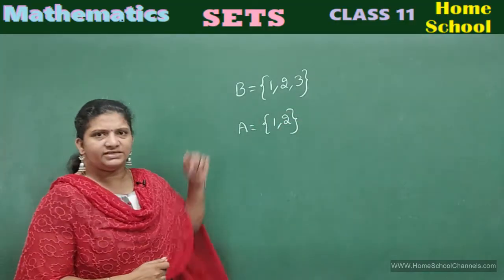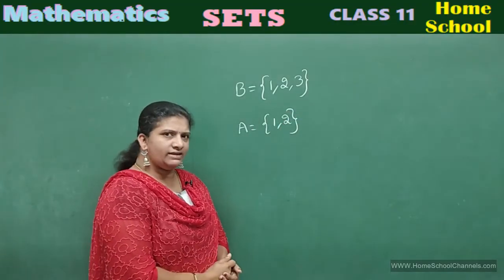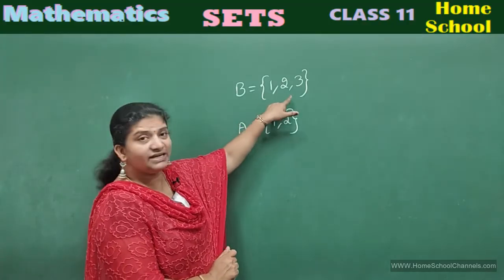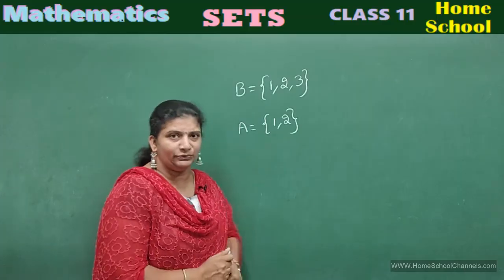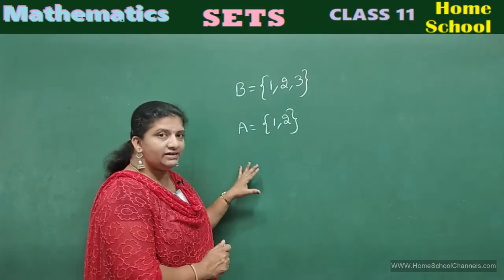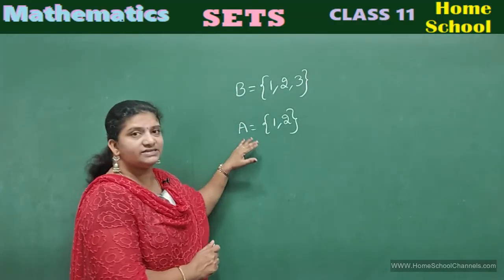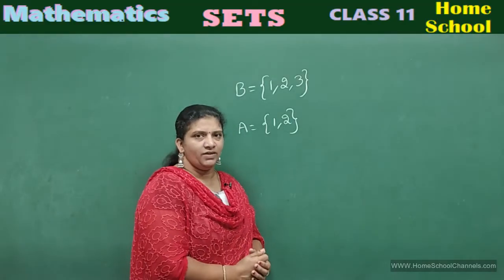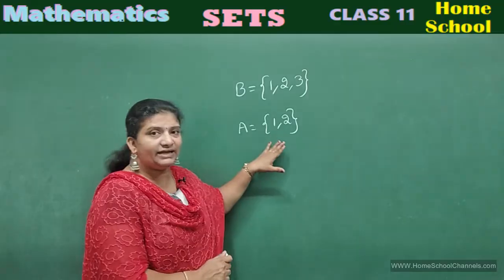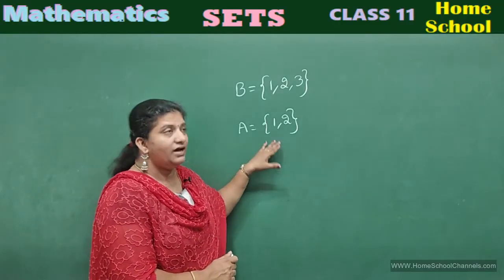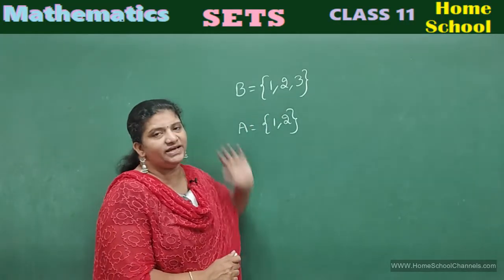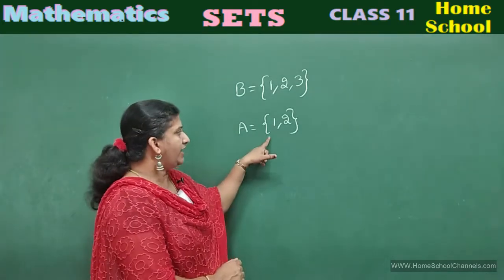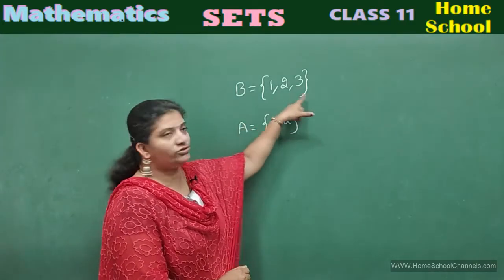First compare these two sets. What can you say? 1, 2. In set B also you can see 1, 2. Right? I say that A is a subset of B. Subset means all the elements contained in this set are also contained in set B. Observe the two sets carefully. {1, 2}, {1, 2, 3}.